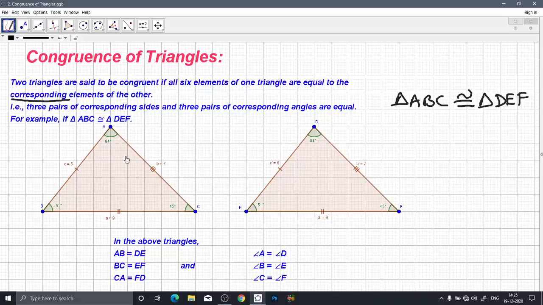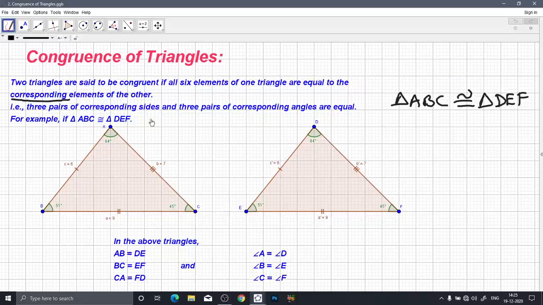So here, according to sides, AB is equal to DE, BC is equal to EF, CA is equal to FD, and if you take the angles, angle A is equal to angle D, both of them have 84 degrees. Here angle B is equal to angle E, since these two have 51 degrees, and angle C is equal to angle F, these two have 45 degrees.